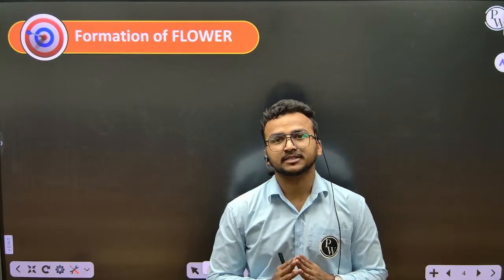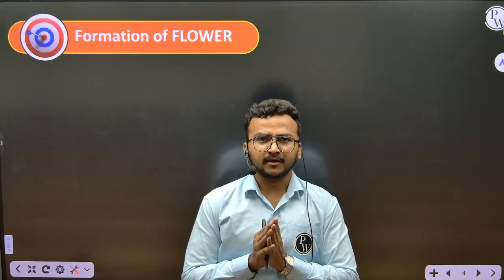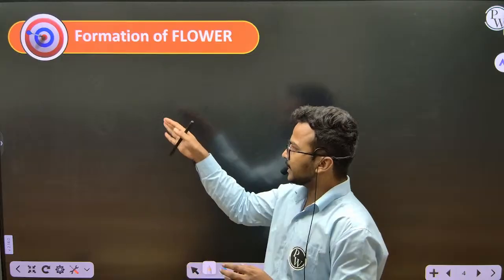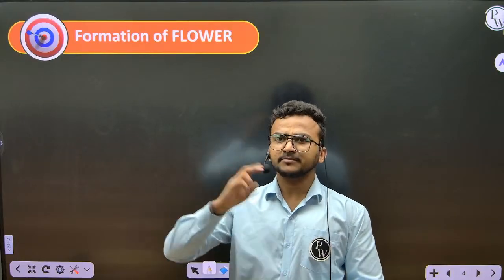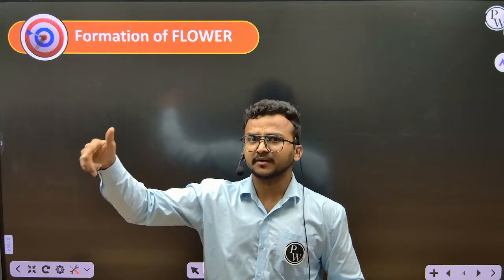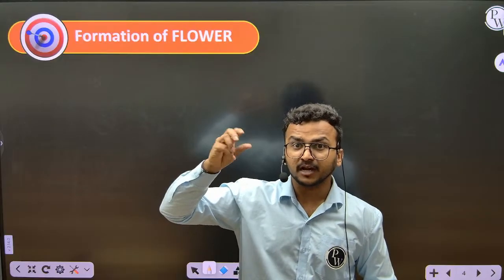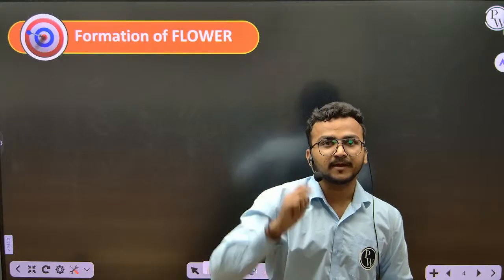In the last class I also said that if a plant is very young and green, there are no flowers, but when the spring season or the particular season comes, where they will bloom, they start flowering.